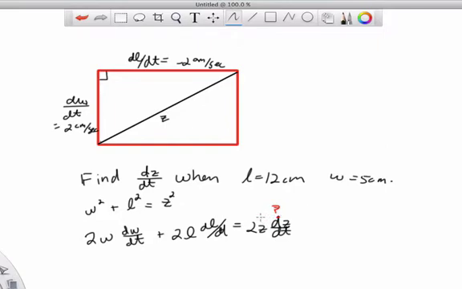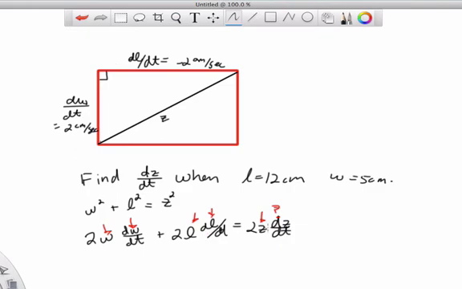We currently don't know z, but we can find it because it's the diagonal, and I know that this is 5 and this is 12, so I can find z pretty easily. You should know it already. dl dt we know, L we know, dw dt we know, and w we know. So we really know everything except for what we're trying to find, which is dz dt.